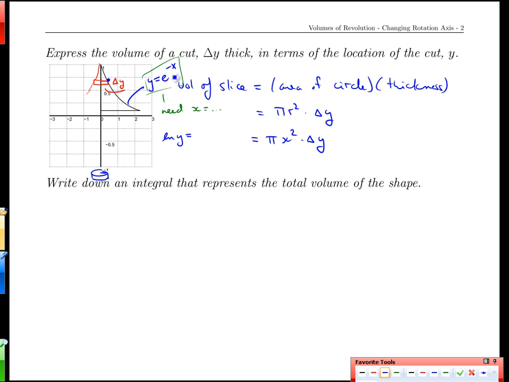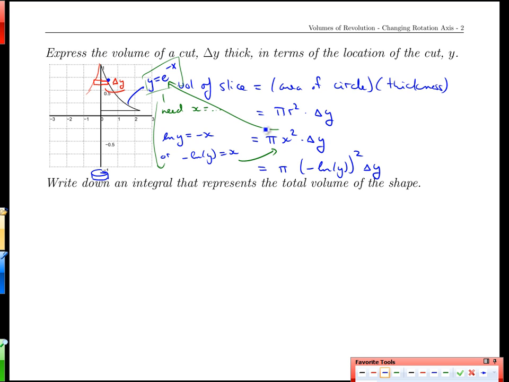If we take the ln of e to the negative x, we just get negative x back, so negative ln of y is x. We needed x, so we use the relationship that relates x and y on that boundary. That brings us back down to here, and then we can plug that x in and get pi times negative ln of y, all squared, delta y. That's a radius squared times pi, the area of a circle, times delta y, the thickness.